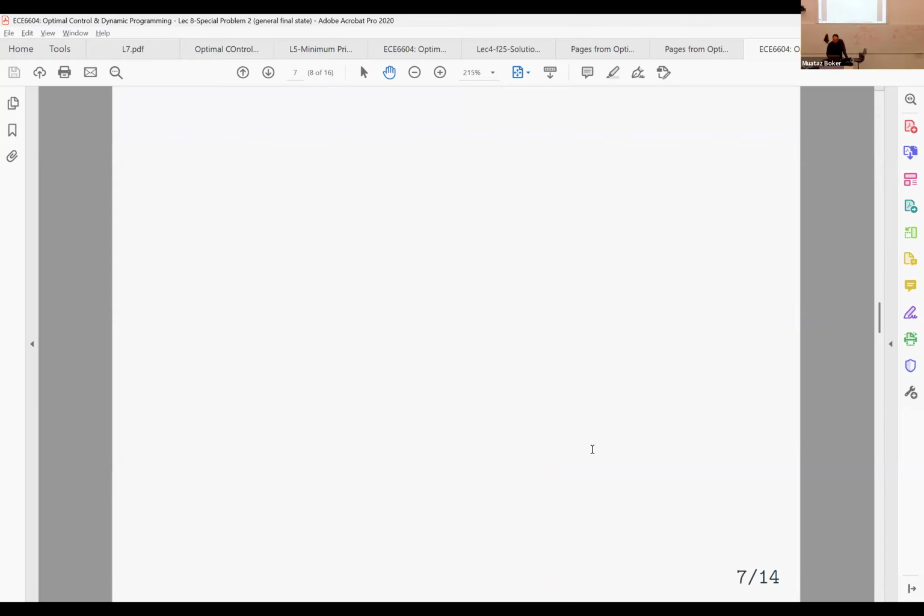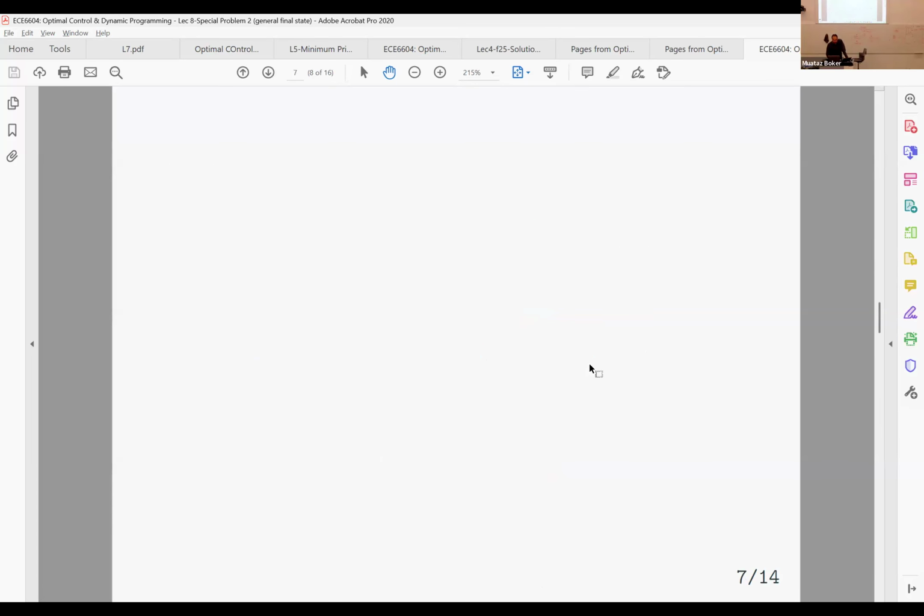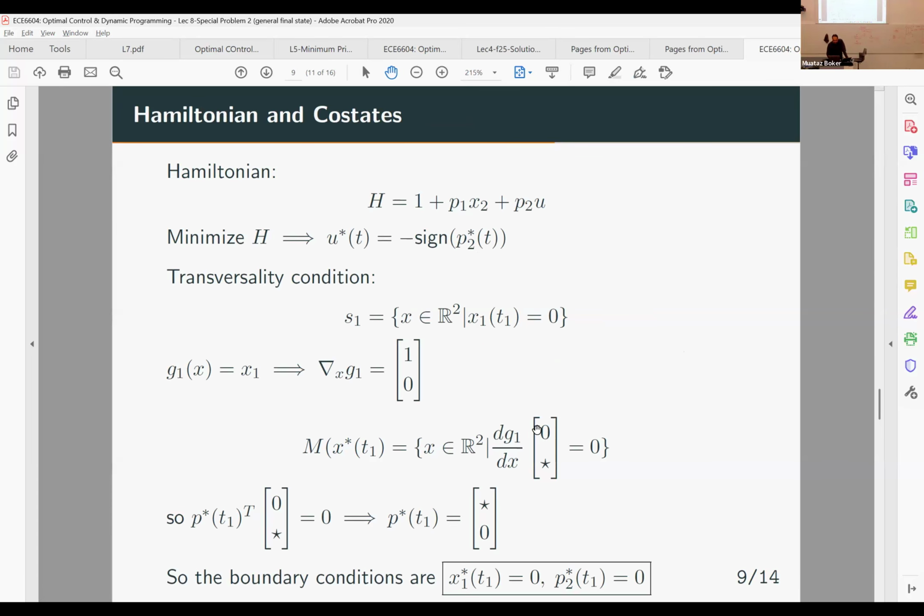If you go back, that's our definition of M: dg1 over dx defined at x star of t1 times this should be equal to 0. So from here, this is the gradient, this is the partial, so it's the transpose of that, which would be 1 and 0.